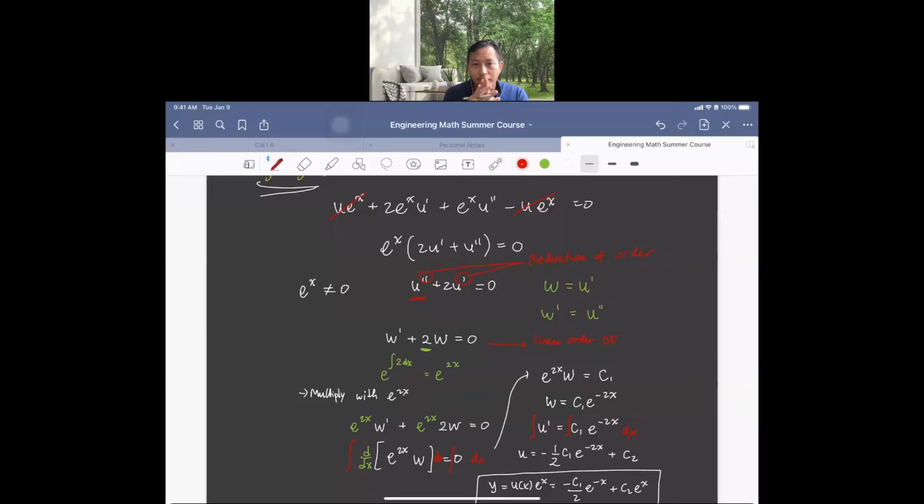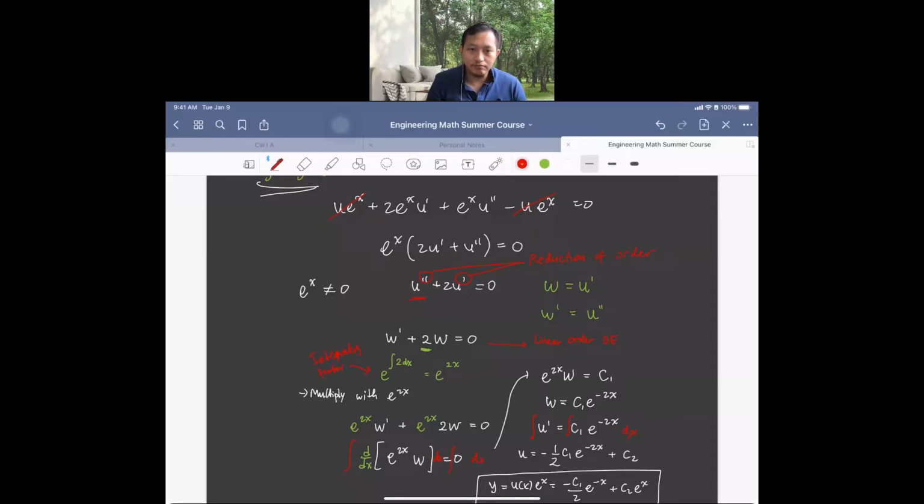So if you have the second order, you need to reduce to linear. And when you have the linear order, go with the integrating factor. This is the same method as the first order linear that you already learned, which is the integrating factor. The method becomes more and more important, because you are going to use it more and more in the higher order.